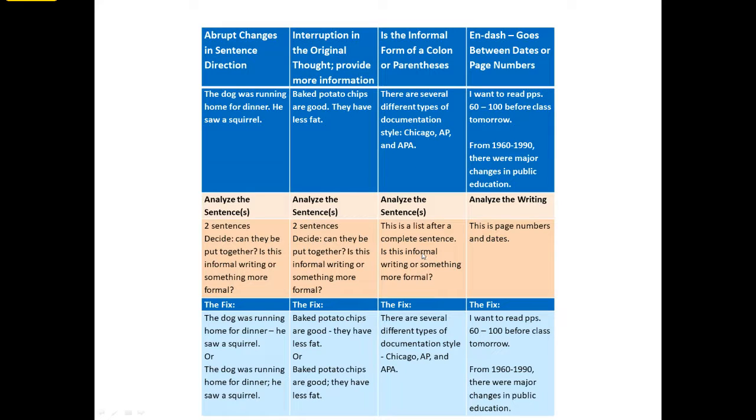Well, we know that this is a list after a complete sentence. Is it informal or is it formal? In this particular case, it's probably more informal. And the fix is, there are several different types of documentation style, dash, Chicago, comma, AP, comma, and APA, period.